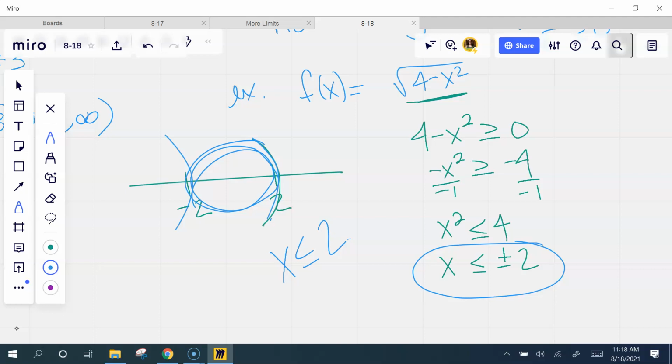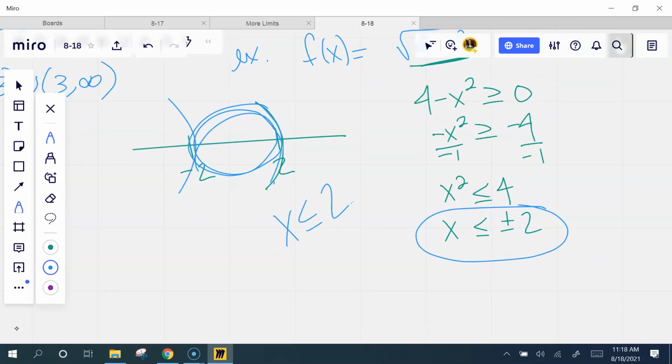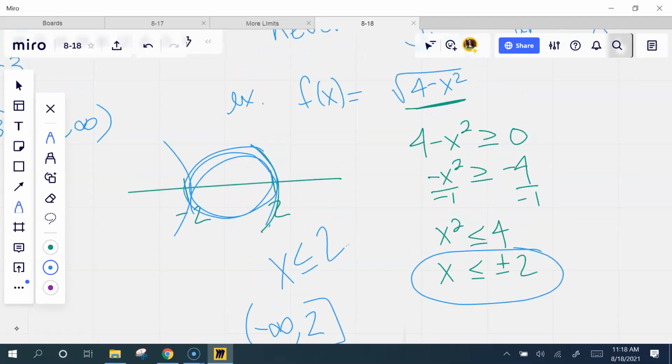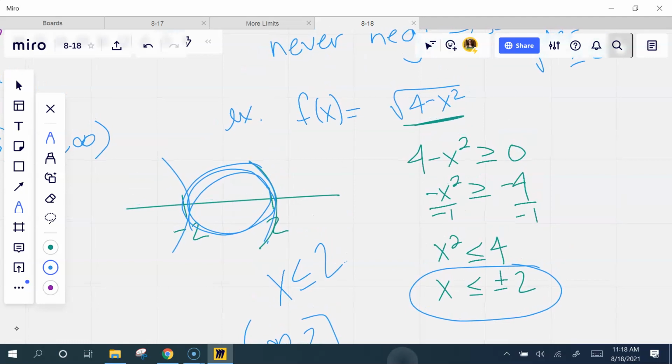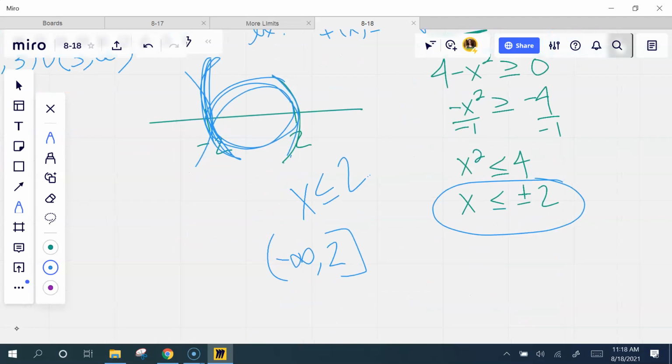So how do I write that in interval notation? I'm fixing to make this a little bit harder. That includes negative 2. Negative 2 is in that range, right? I thought we had to stop at negative 2. Negative 2 becomes positive 3. Oh, you're right. I need to go this way with it. I'm sorry.